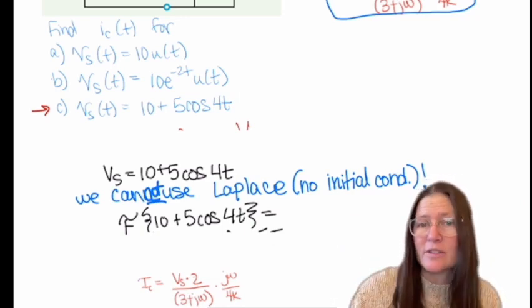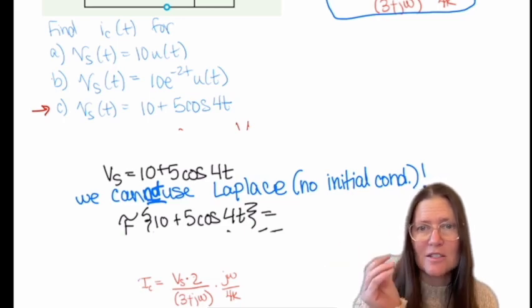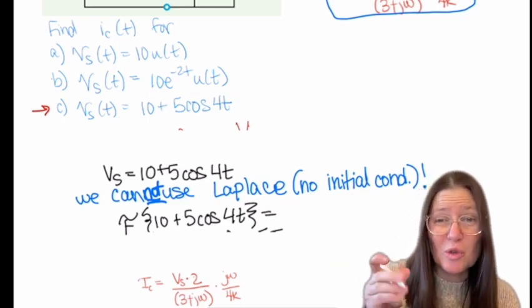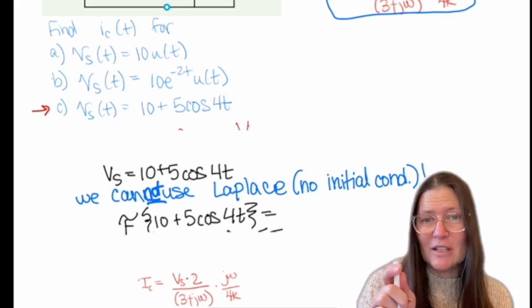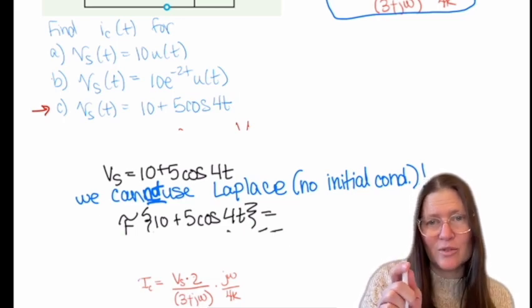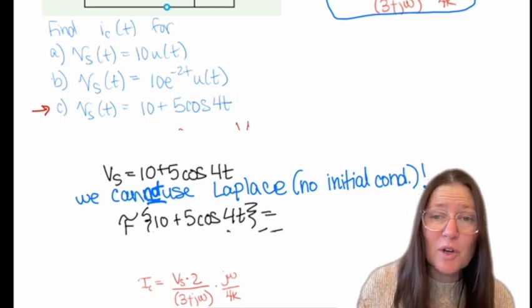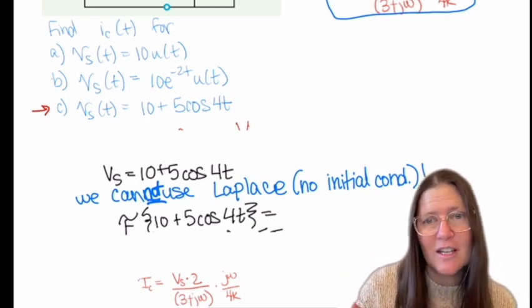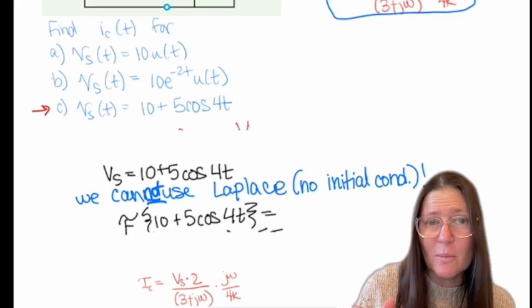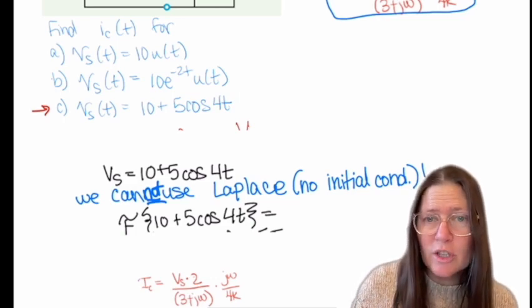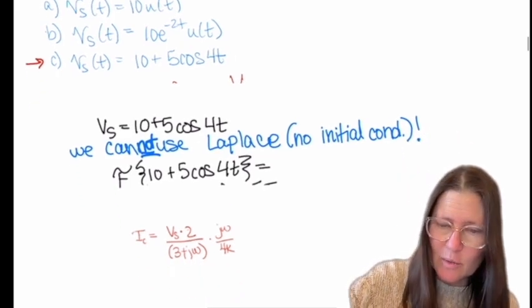A sinusoid is continuous and a 10 is continuous, and with Laplace we have to assume a starting time, so we have to assume right at t equals 0 what our initial condition is as far as an input value, and this input does not allow for that. So Laplace cannot be used here. We can only use Fourier for this situation.